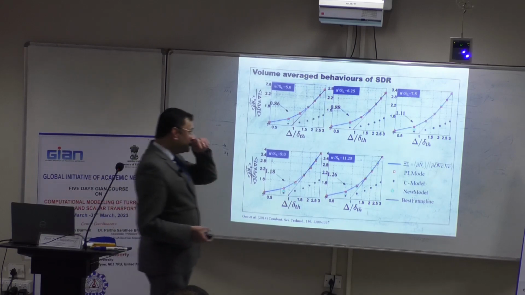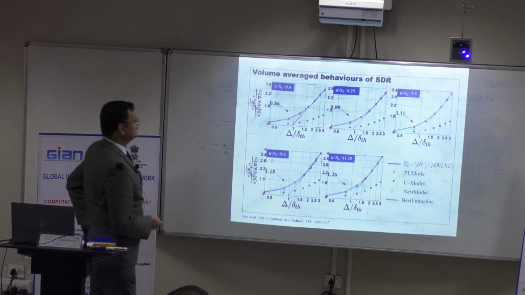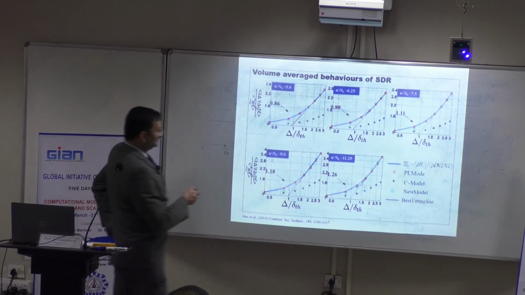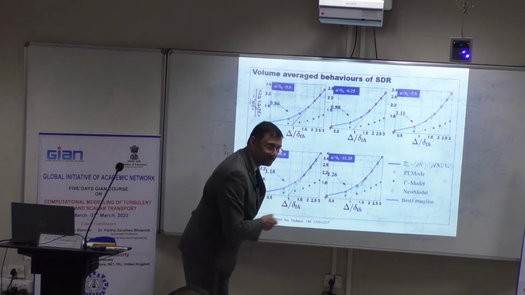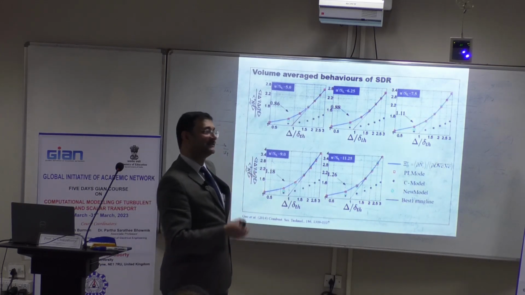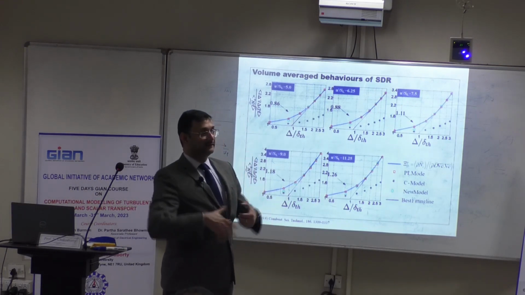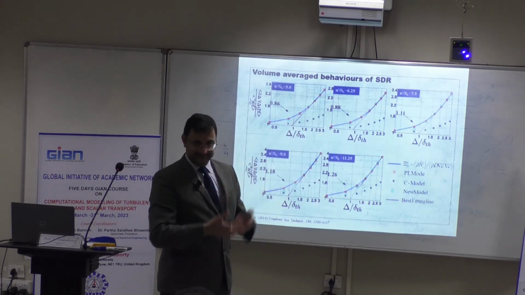If we look at the volume average behaviors of scalar dissipation rate and compare that with DNS data, the first important thing to see is that the power law exponent slope increases. In other words, as turbulence intensity increases, the wrinkling gets increased.